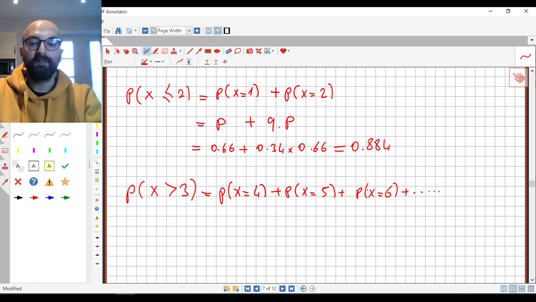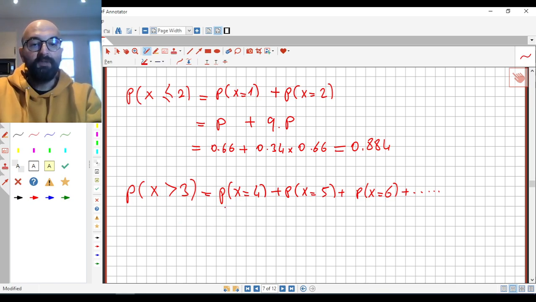This situation goes on to infinity. So please remember that the sum of all probability values has to be 1.